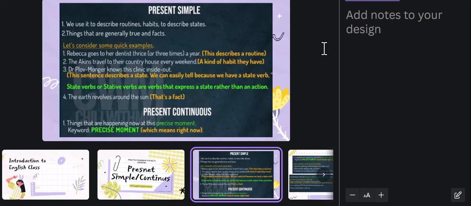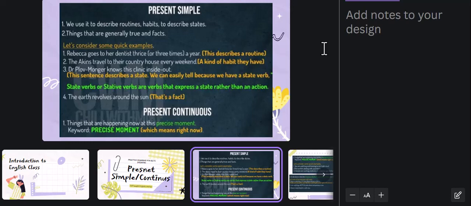In the first example here, Rebecca goes to her dentist three times a year. So here we describe a routine. Rebecca is used to going, you always go to the dentist. Okay, so here we describe Rebecca's routine.